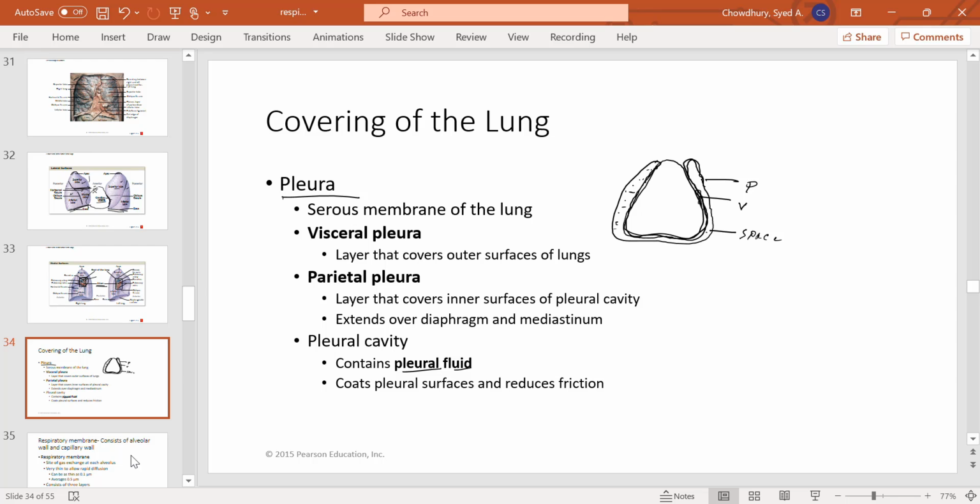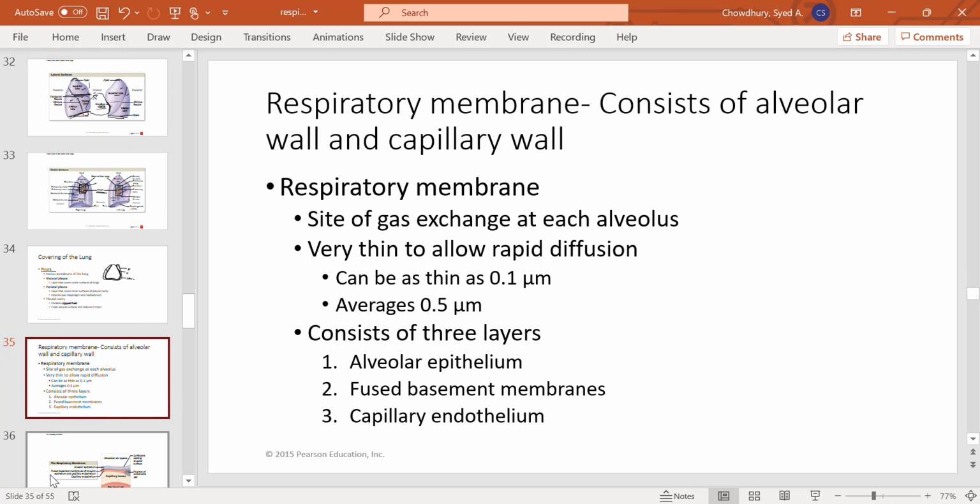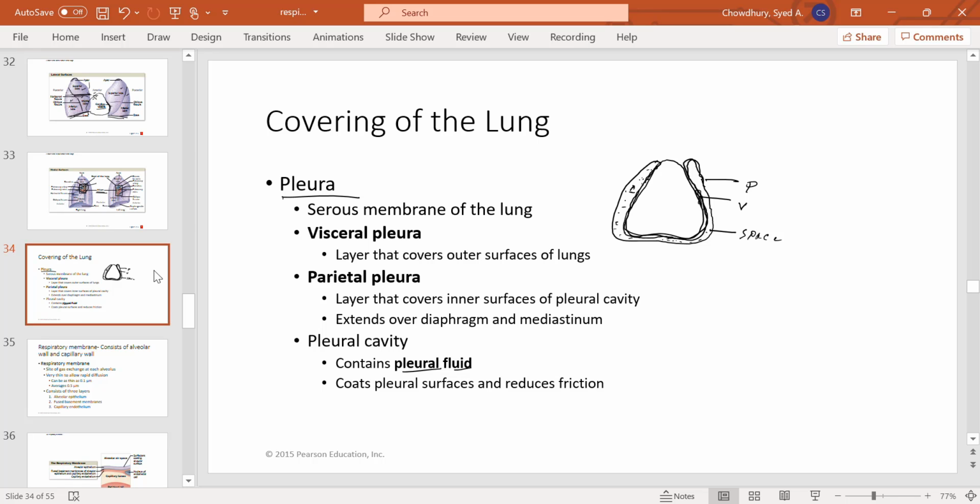So when the lung gets smaller and bigger, right, expands and recoils, the fluid between these two layers would prevent the friction between these two layers. Otherwise they will rub each other and that will cause pain, and that happens in pleuritis. So pleuritis is the inflammation of the covering of the lung. That means itis is the inflammation of the pleura. Okay.